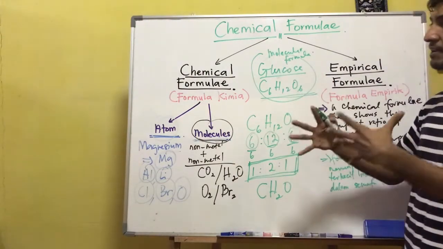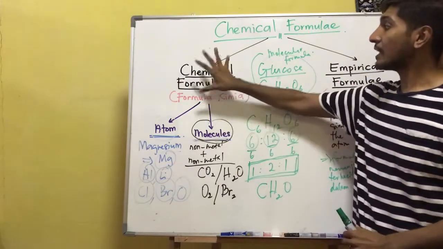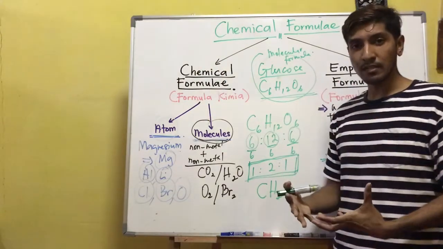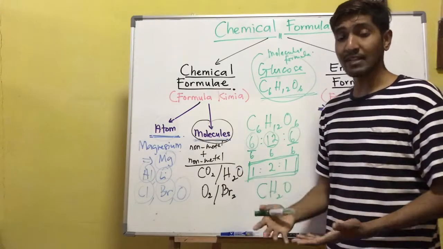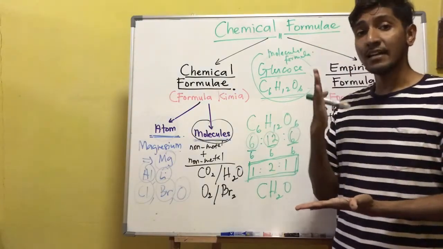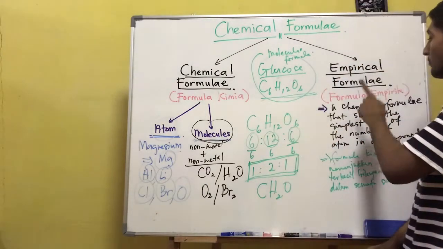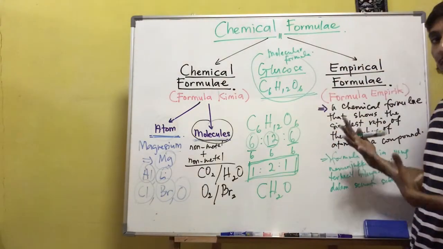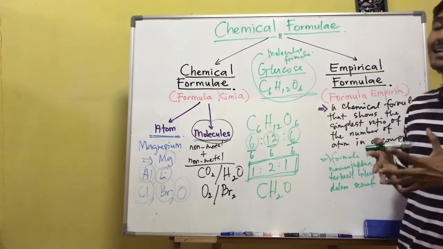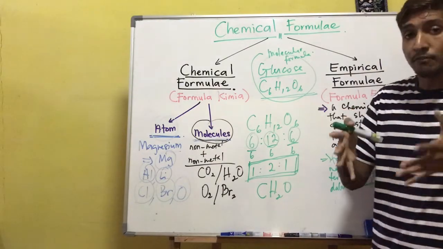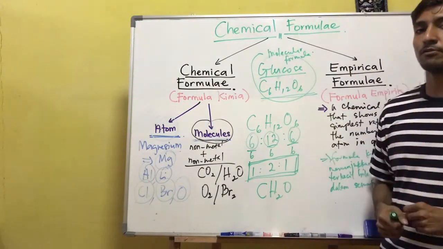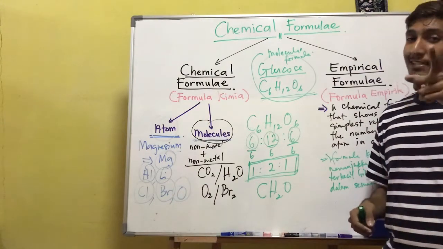Therefore, by definition as well, chemical formula is a chemical formula that shows the real number of atom in a compound, whereas formula empirik or empirical formula is the one that is showing the simplest ratio of the number of atom in that molecule. So hopefully you understand. Stay tuned for the next clip.